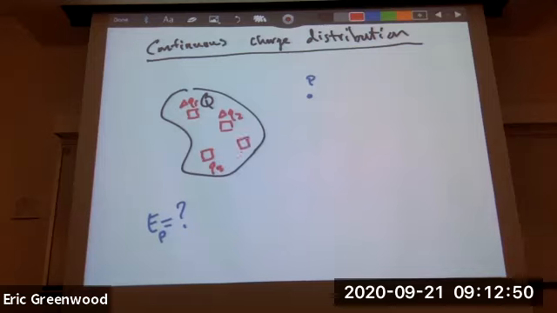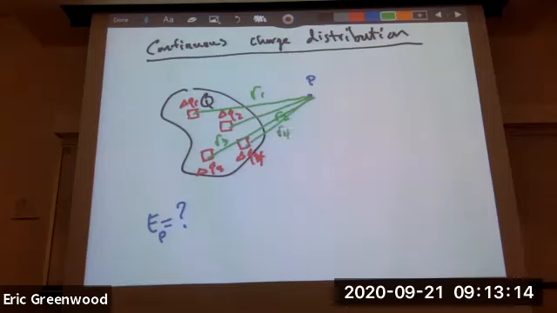For illustration purposes, I'm just going to do one more, called delta Q4. Each one of these has its own distance away from the point of interest. This distance here is going to be R1. This distance is going to be R2. This distance is going to be R3. And this distance is going to be R4.